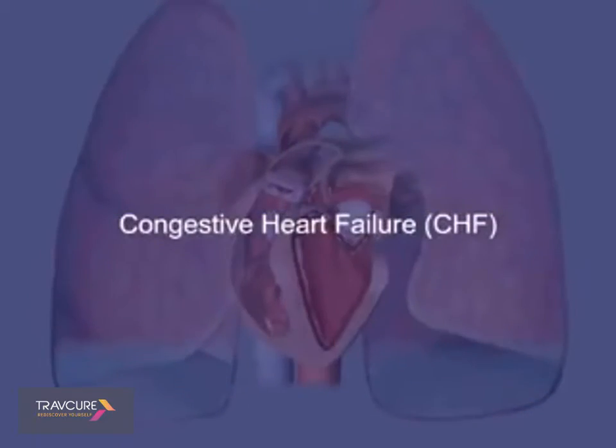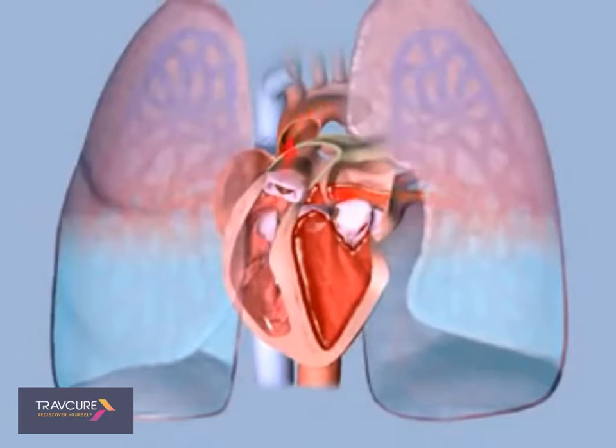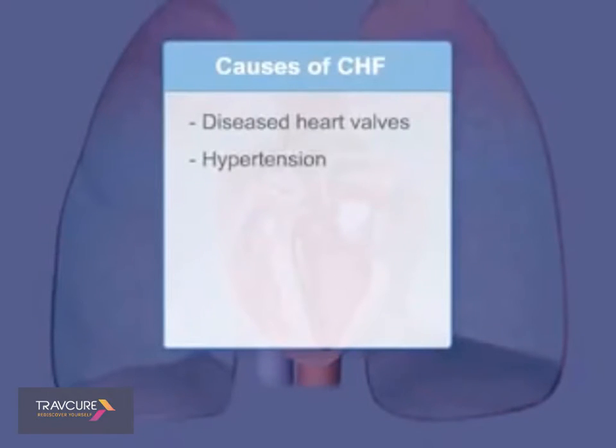Congestive heart failure, CHF. Congestive heart failure, CHF, is a condition of excessive fluid buildup in the lungs and other organs because of inadequate pumping of the heart or of failure of the lungs to function properly. Congestive heart failure can be caused by diseased heart valves, hypertension, or some form of obstructive pulmonary disease.